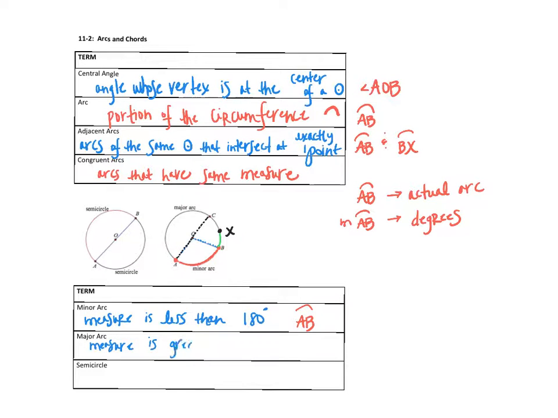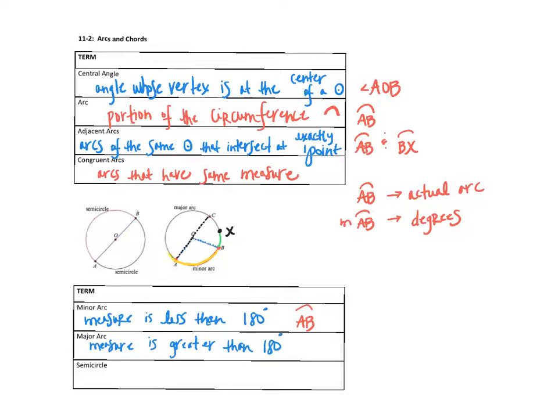greater than 180 degrees. So we have several now that we could talk about, but let's imagine if we said we're going to start at B and then we're going to go clockwise.